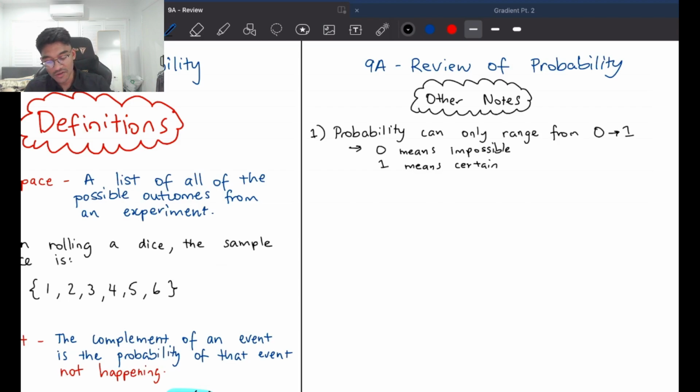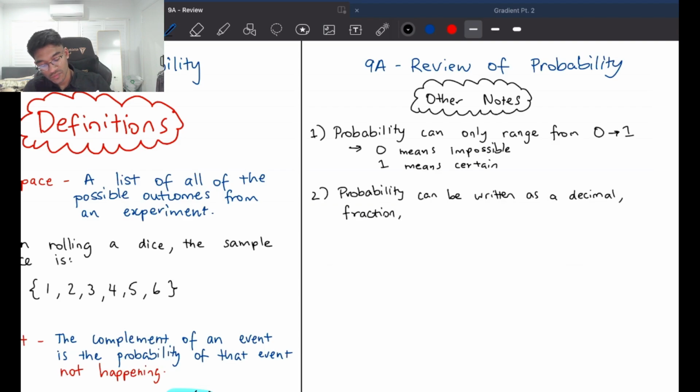The second thing to note, so number 2, is that probability can be written as a decimal, fraction, or percentage.